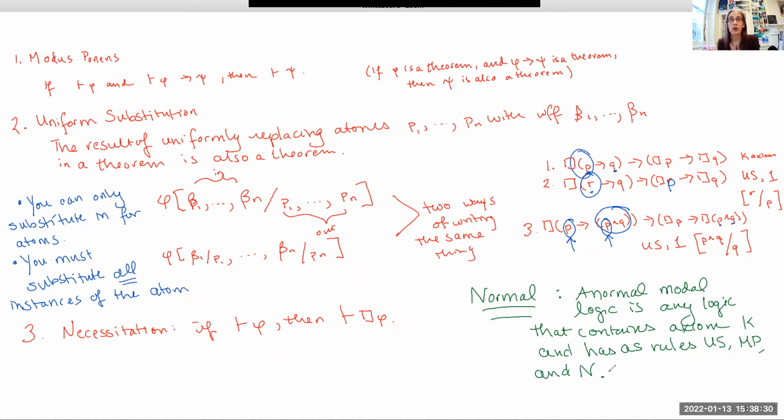So system K is a normal modal logic, and every logic that we build extending this system will also be normal. At this point, we are now going to be in a position where we could start proving things.